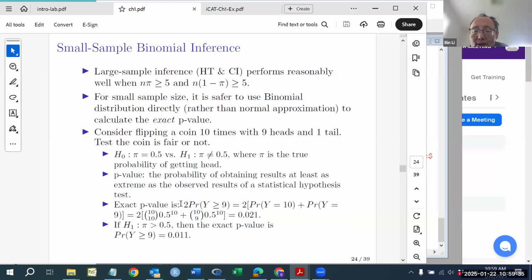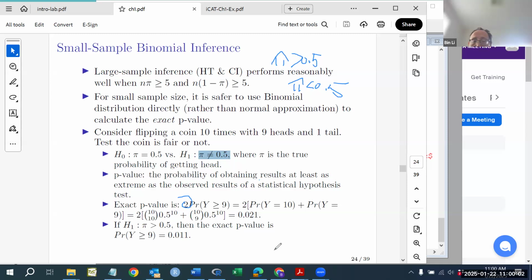And why do we need to double it? The reason we should double it is because the alternative is a two-sided test. The pi in the alternative says pi can be greater than 0.5, but pi can also be less than 0.5. So it's two-sided, that's why we need to double it, right?